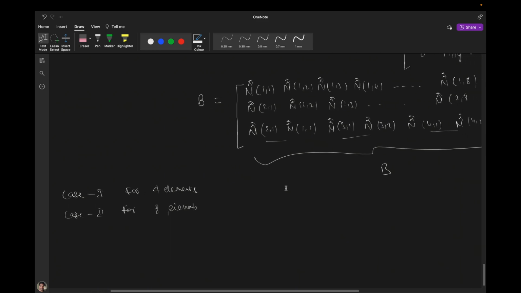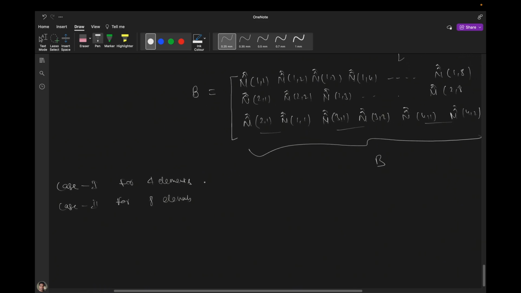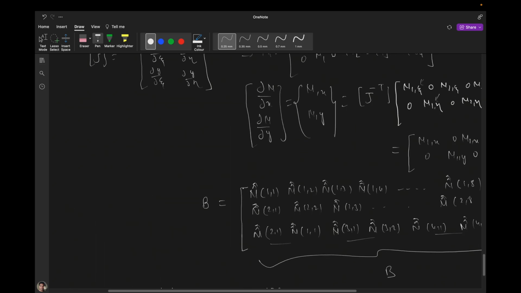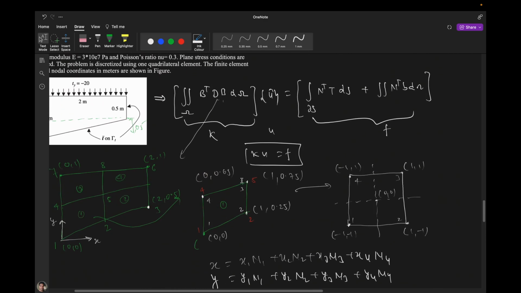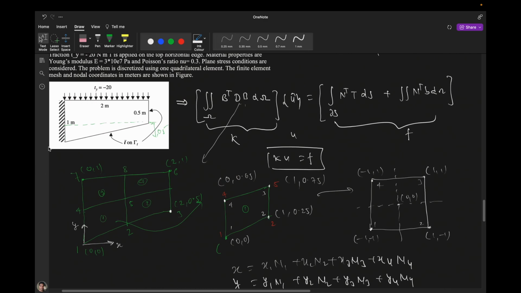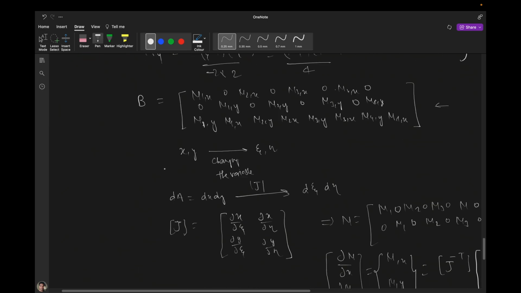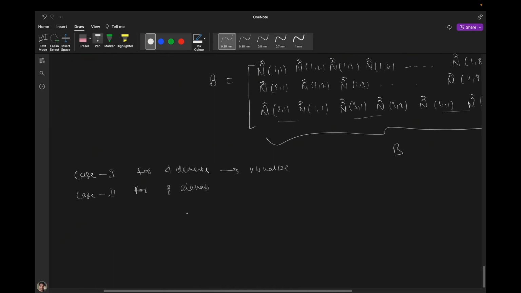Also we will visualize how our physical domain is actually deforming. Now, if we increase the number of elements, then it's not easy to handle the traction boundary condition.